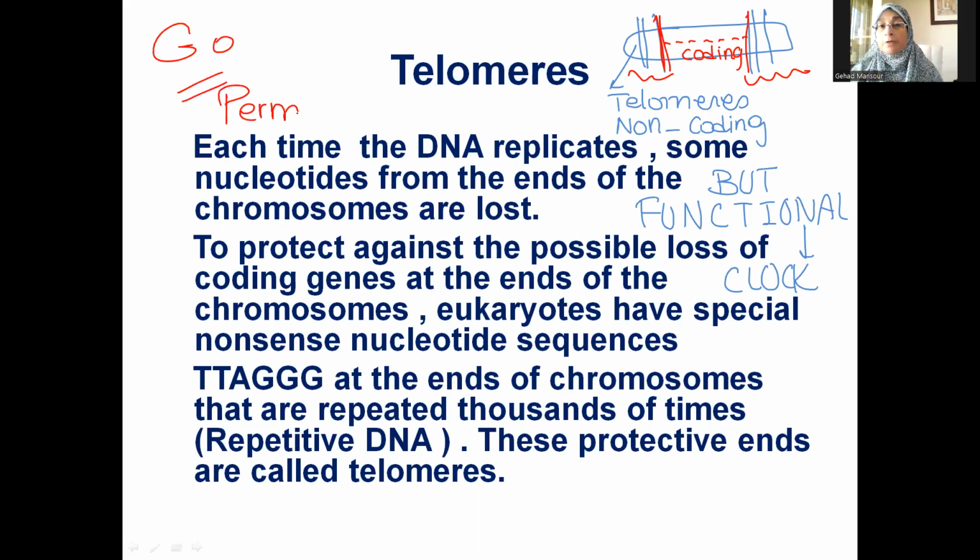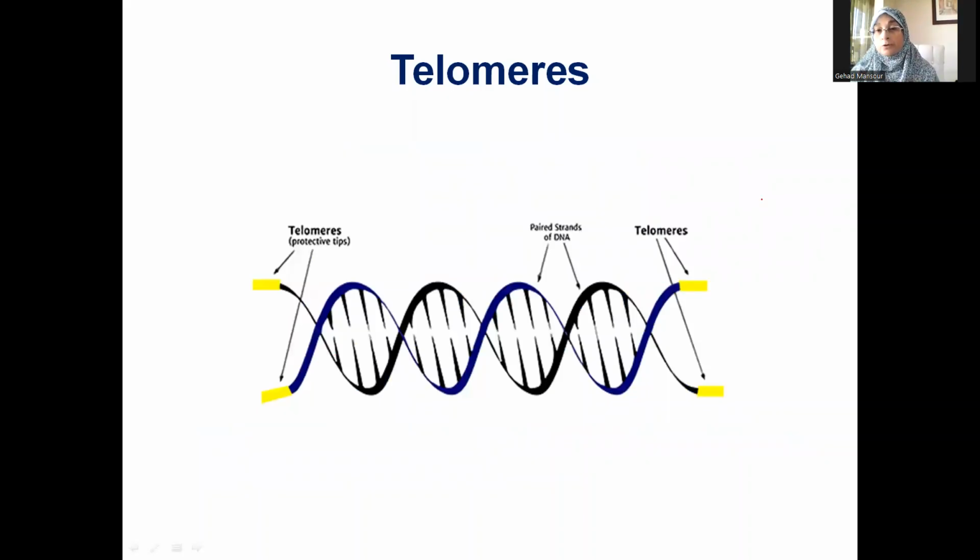And not only this, but it would be a permanently paused cell or a permanent arrest of the cell. These protective ends are made of repetitive DNA or repeated DNA. For example, we can have the sequence thymine, thymine, adenine, guanine, guanine, guanine that is repeated hundreds of times.